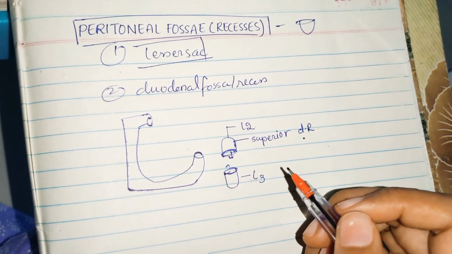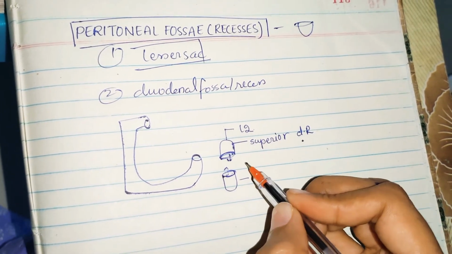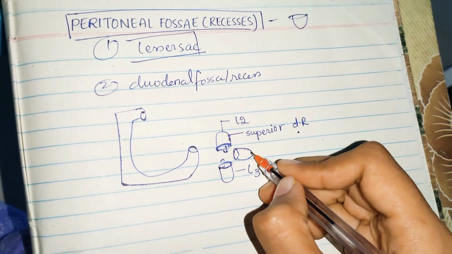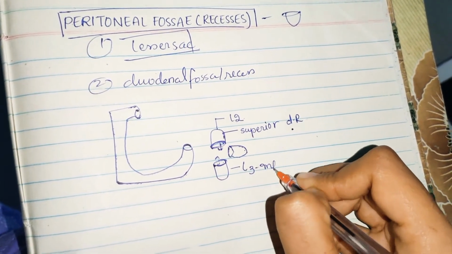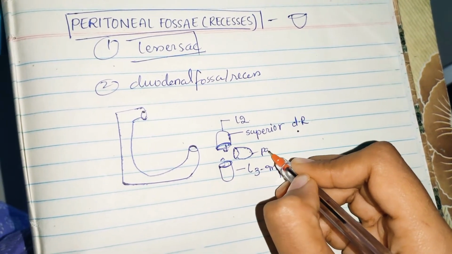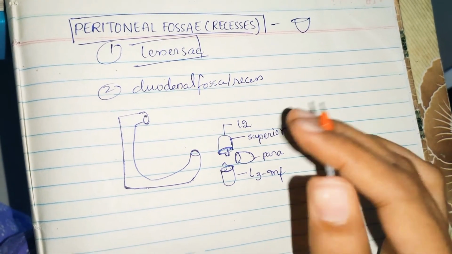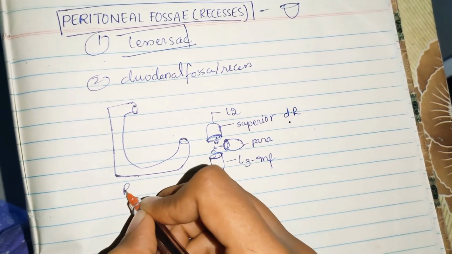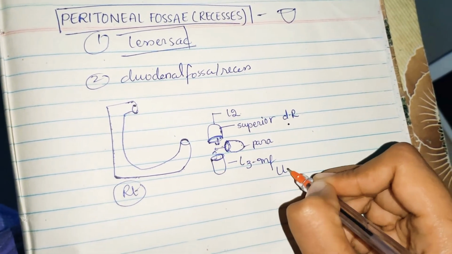Next we are going to discuss the paraduodenal recess. The paraduodenal recess is located like this. This is inferior, and this is the paraduodenal recess. Its opening is towards the right side, and this is the left side.